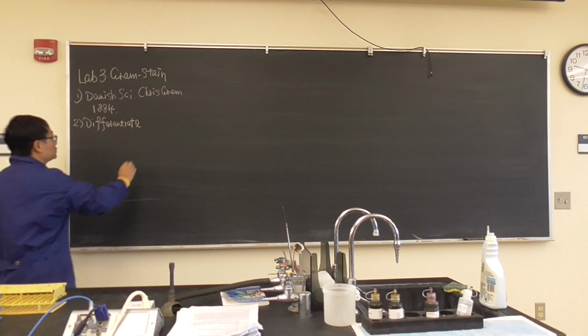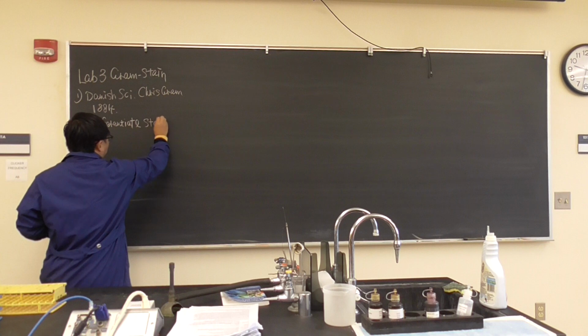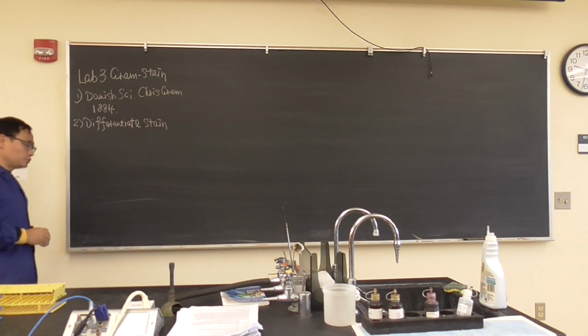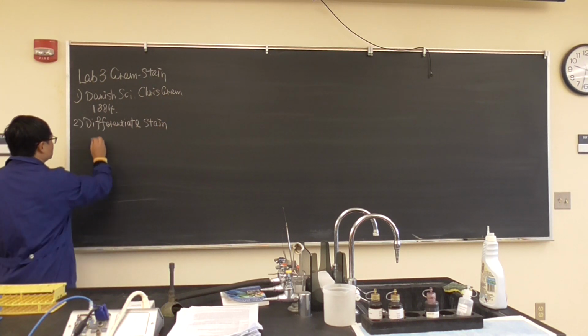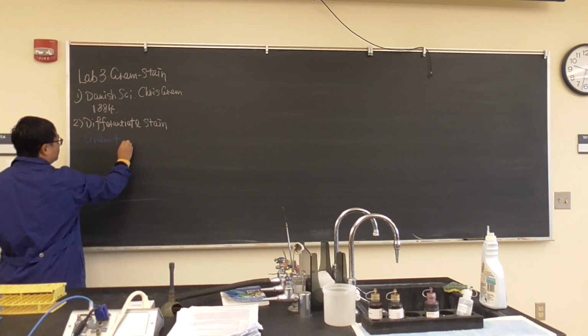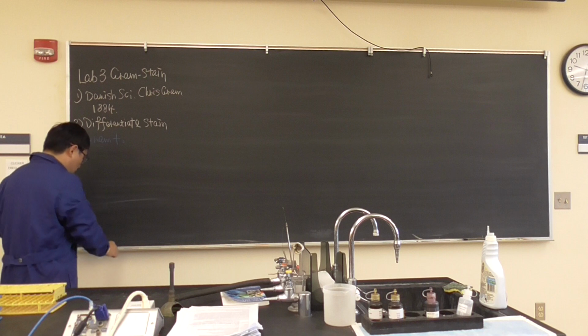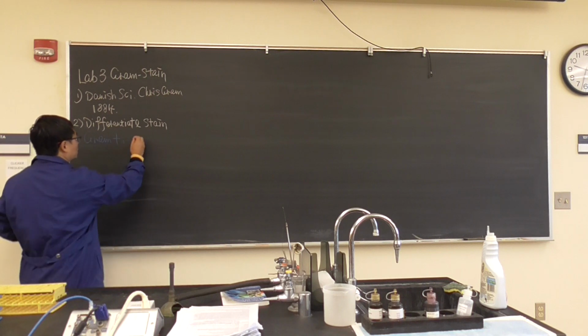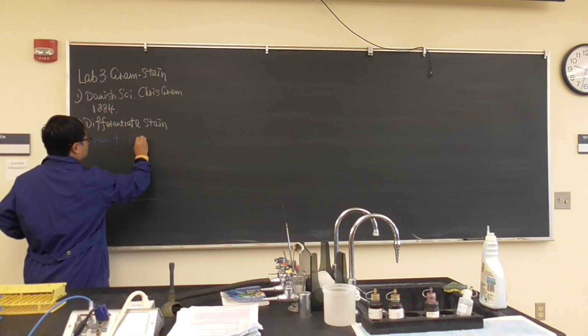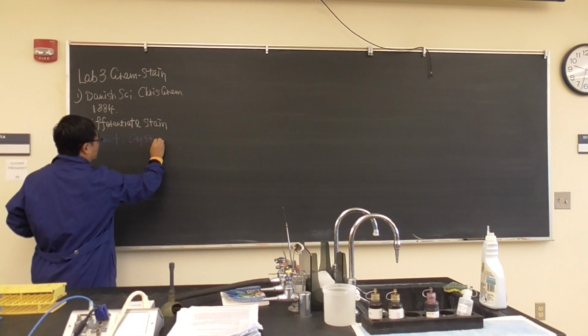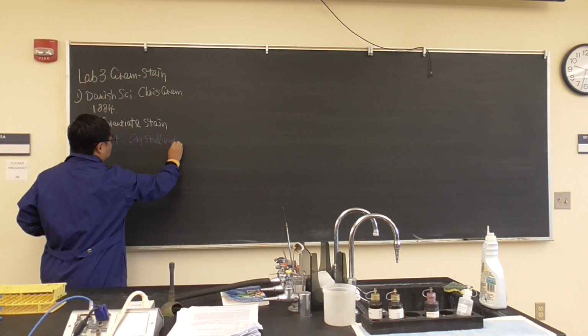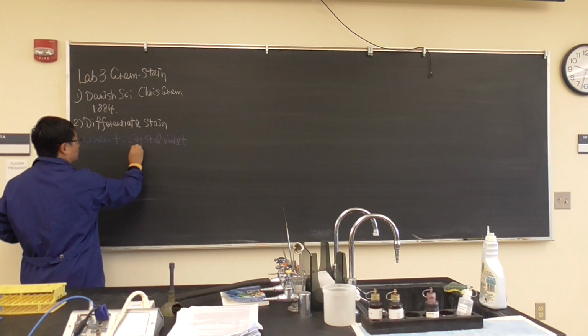So it is a differential stain. It differentiates bacteria into two groups, which is gram positive. Gram positive stays purple because of the crystal violet color. So it stays purple.